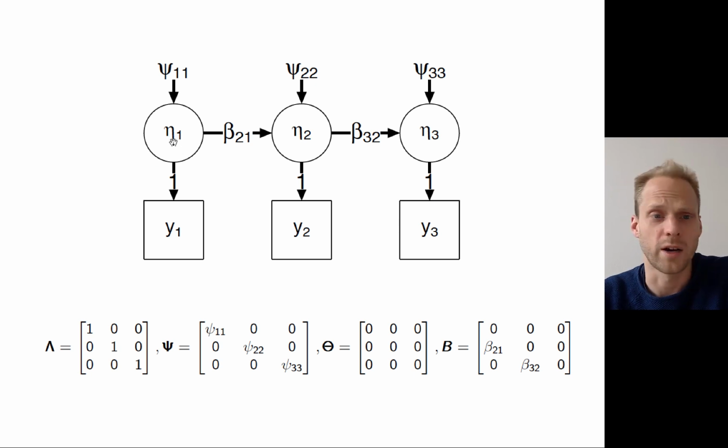So this model will allow us to test this hypothesis that eta1 causes eta2 and eta2 causes eta3. Or you could see that eta2 is mediating the effect from eta1 on eta3. And the model matrices for this are lambda, which is an identity matrix, psi, which is diagonal here, because only eta1 is exogenous, and the rest are endogenous, theta, which simply has zeros, and beta, which has these two beta values here.